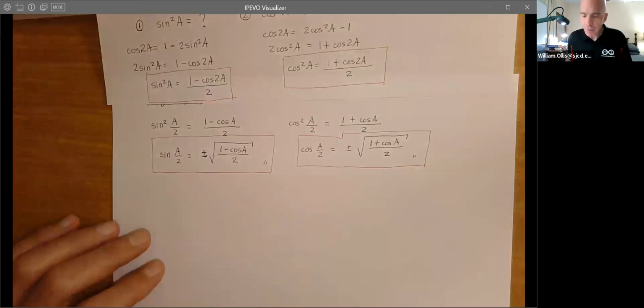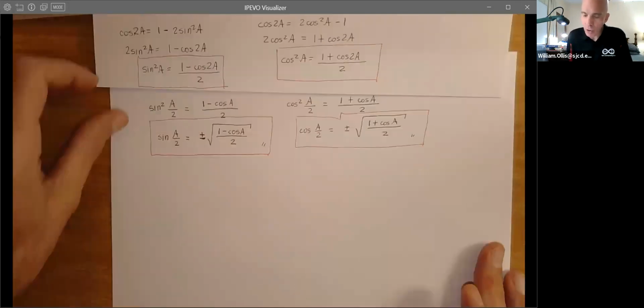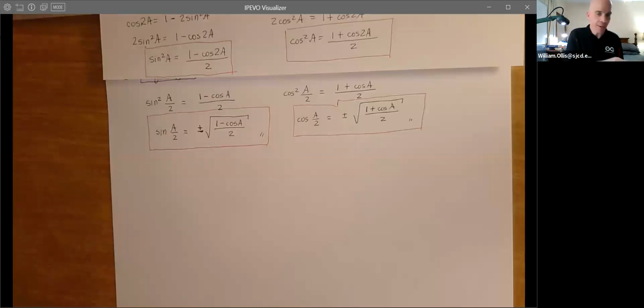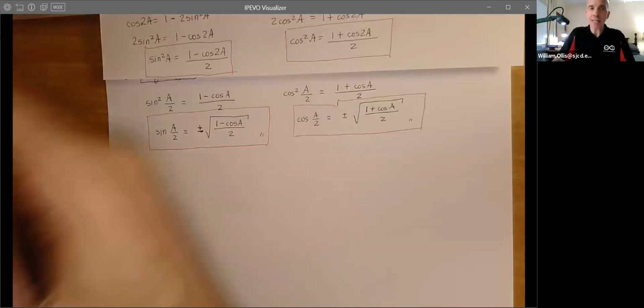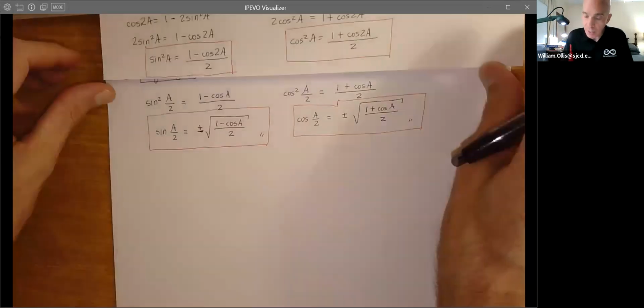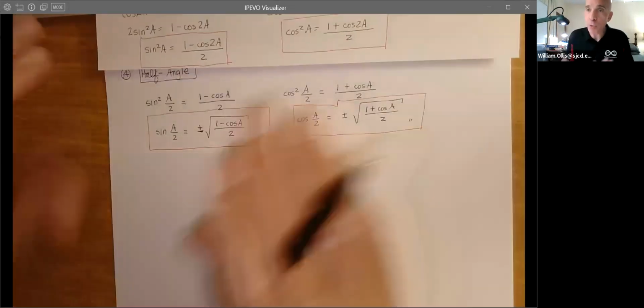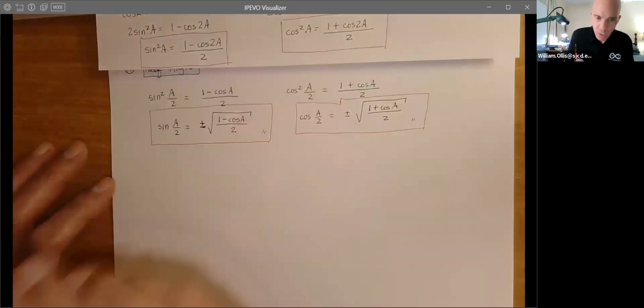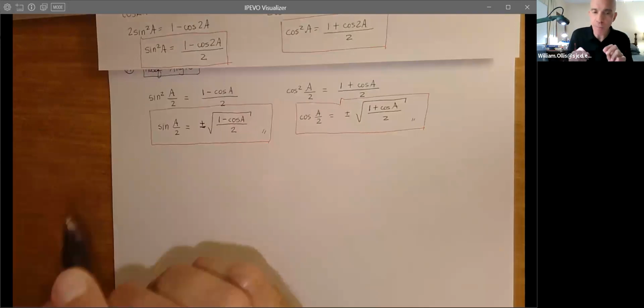Now, the one that I want to do now is actually one more that's extremely elegant. And it's called the half angle identity for the tangent function, which again is a remarkable result. So what about tangent? So here's what we're going to do. We're going to start backwards.